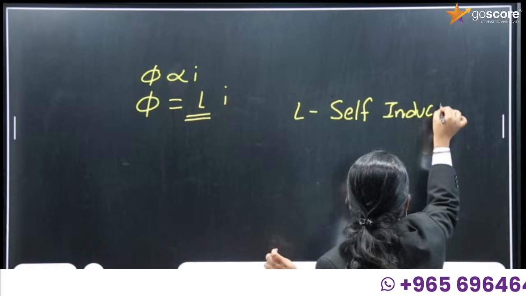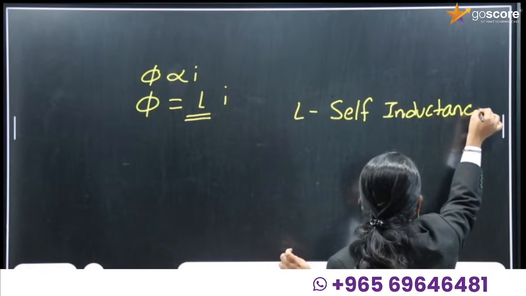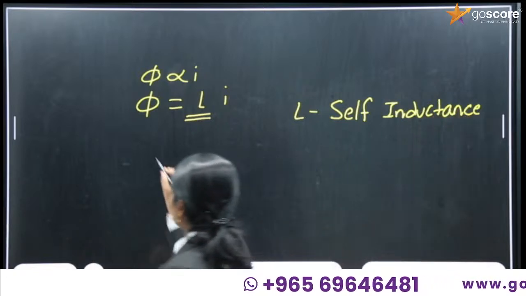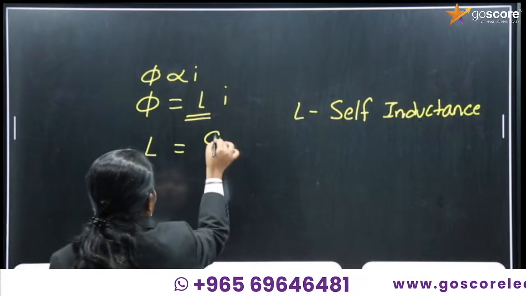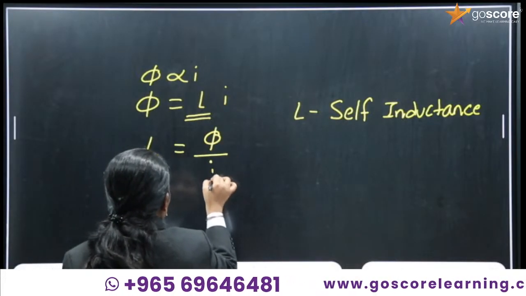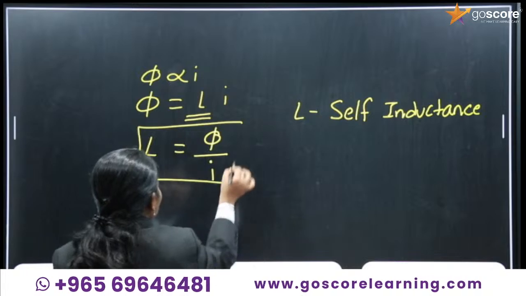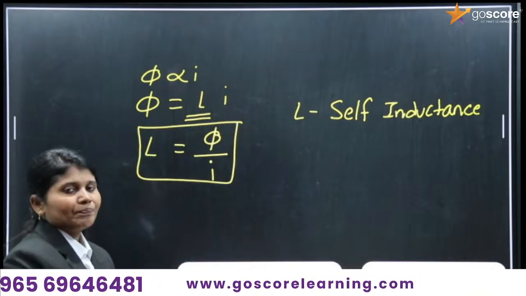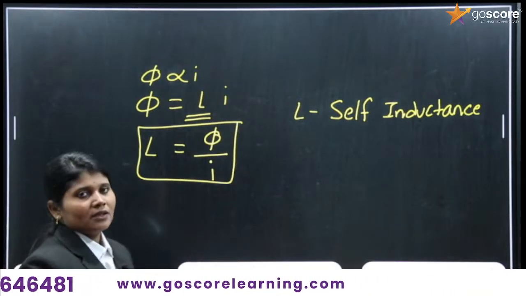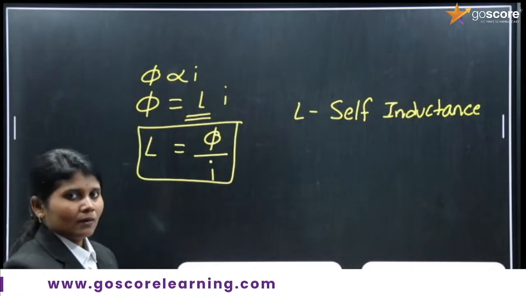L is equal to phi by I. So what is the definition? The ratio of flux to current.